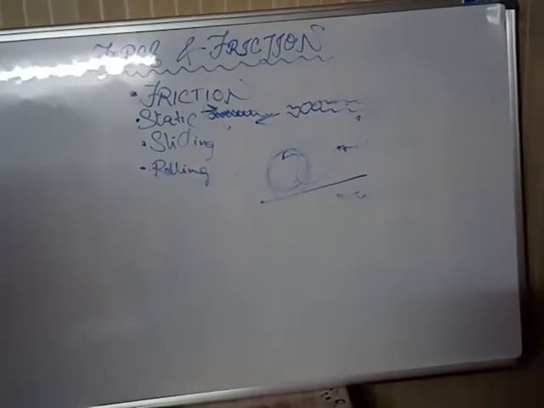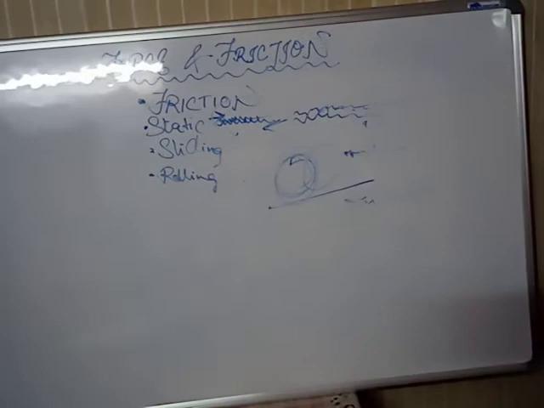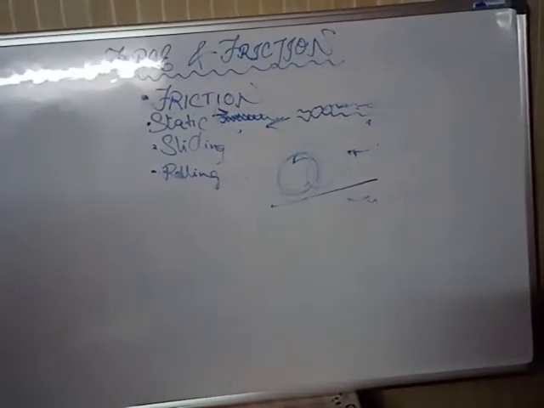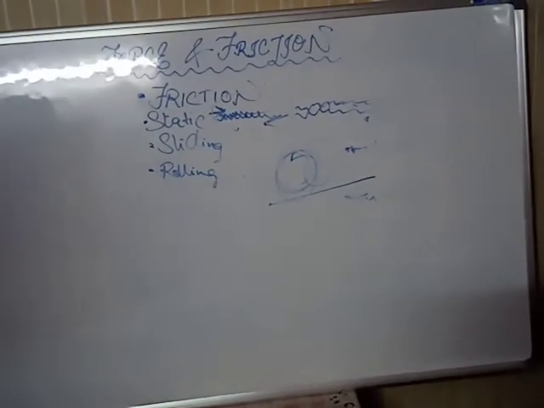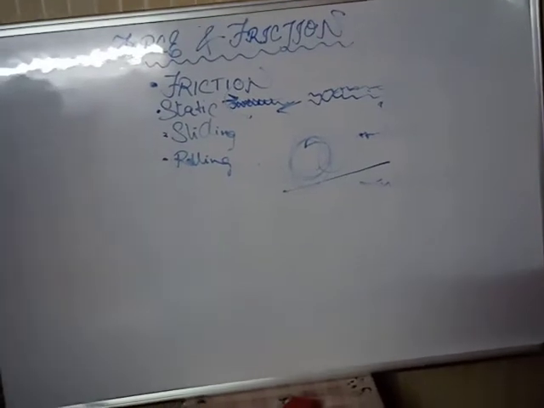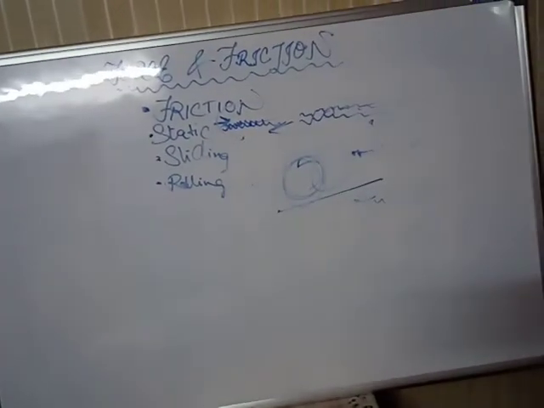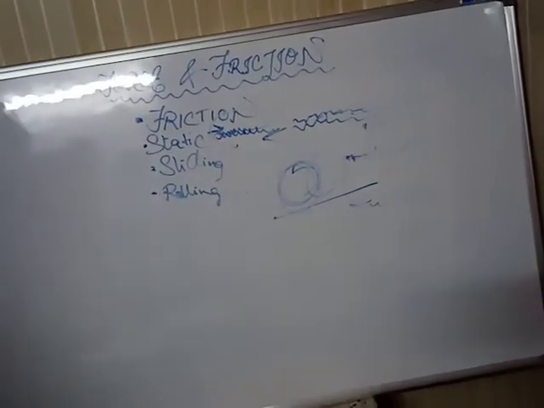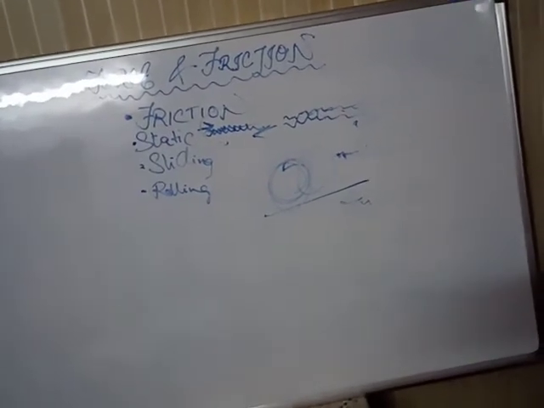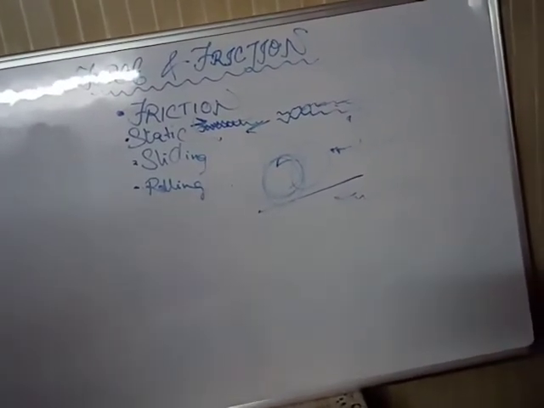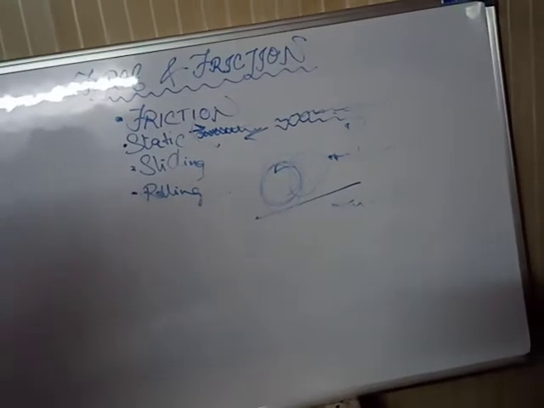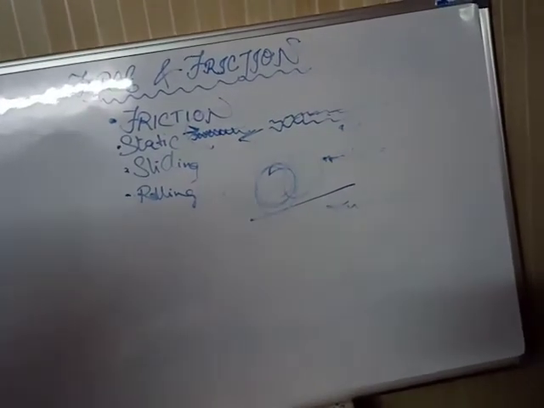The magnitude of the fluid friction exerted by a fluid depends on the following 4 factors. What are those? The speed of the moving object, with how much speed the object is moving in the fluid, determines the friction offered. Shape of the object, size of the object, and thickness of the object.